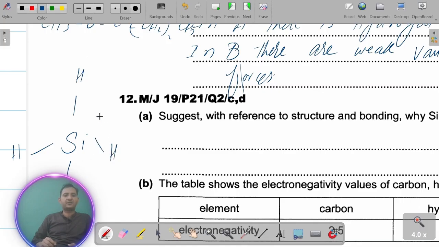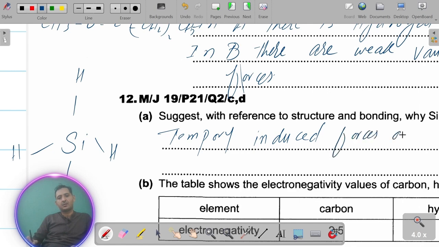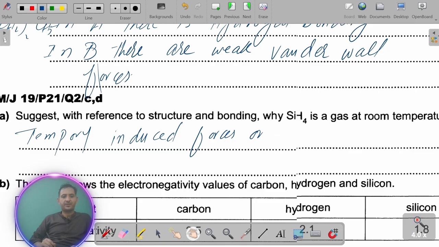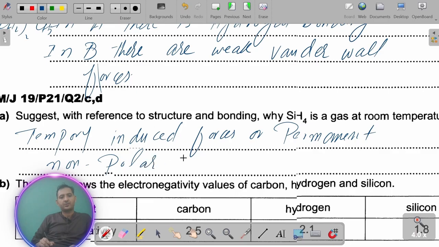It is a non-polar covalent simple molecule, with only temporary induced forces. That is the reason.